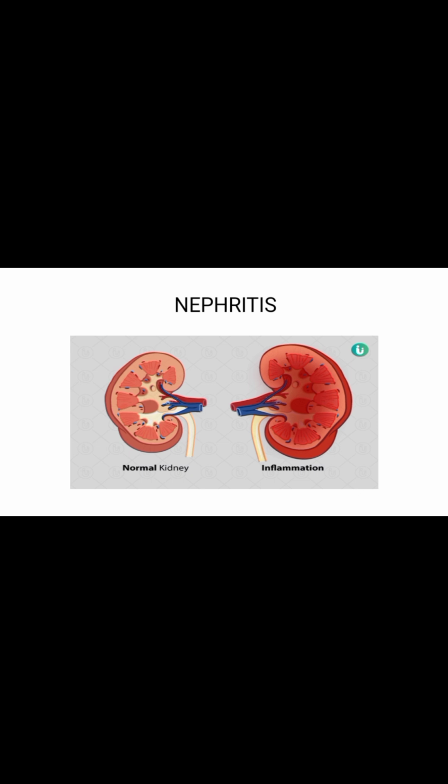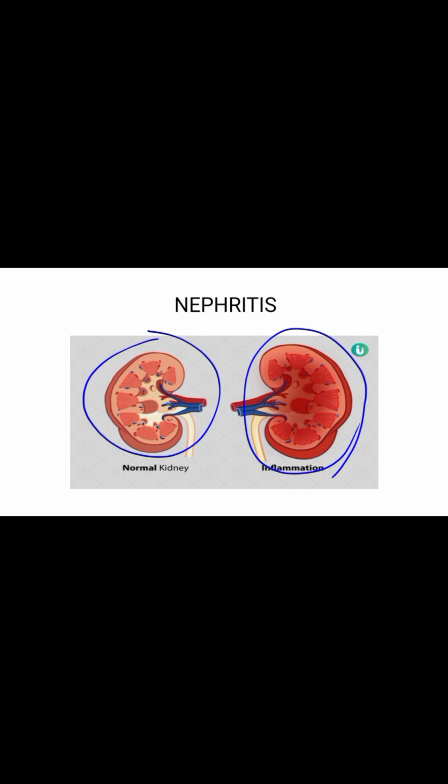ultrafiltration again. As you can see in the pictures on the screen, there is a normal kidney, and then an inflamed kidney. An inflamed kidney has become affected by infection, mostly bacterial infection, and as a result, the kidney will not be able to perform a complete ultrafiltration.